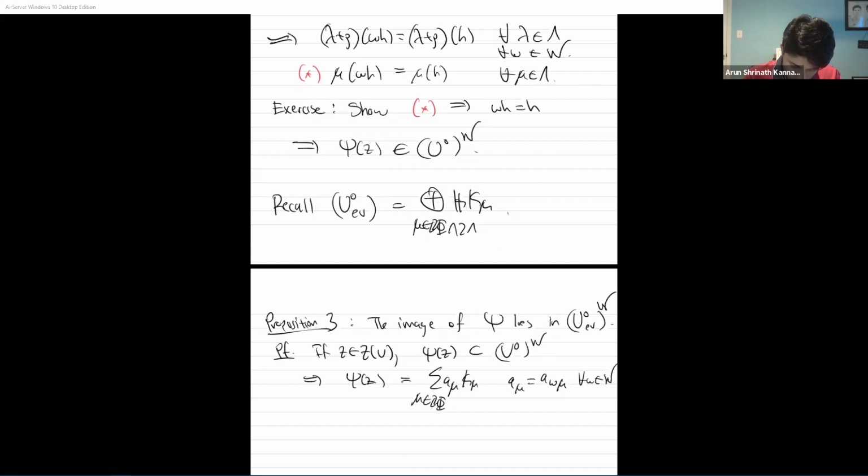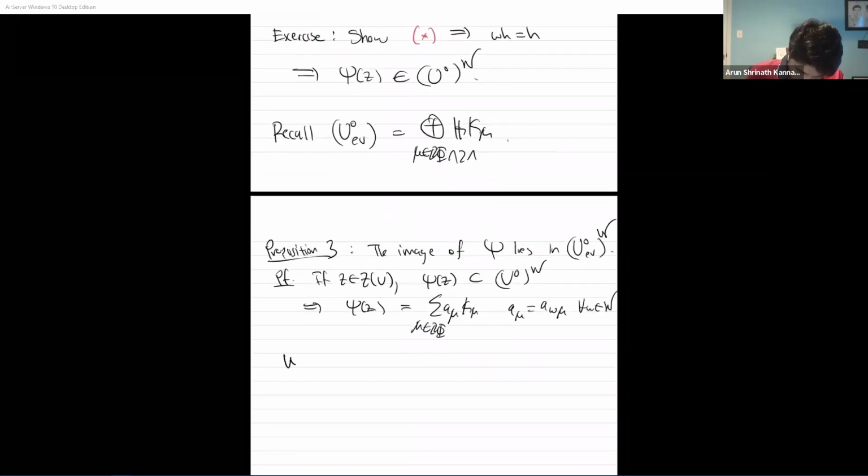Okay, and so now what we want to show is that if A mu is not equal to 0, then mu is also in 2 times the weight lattice.